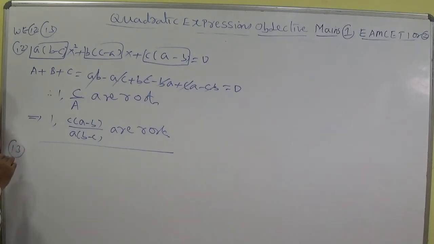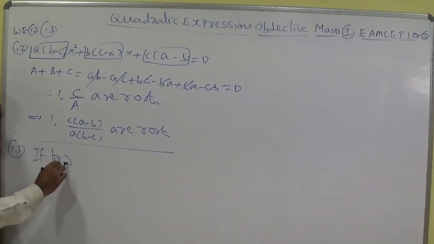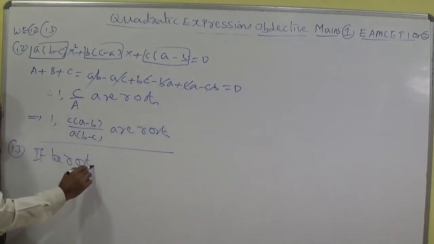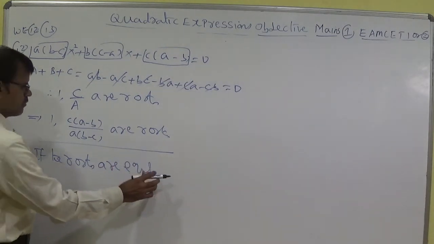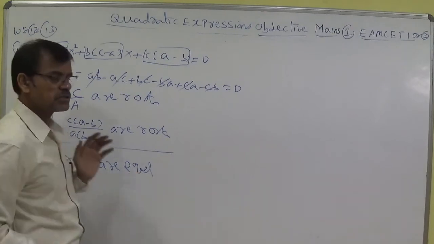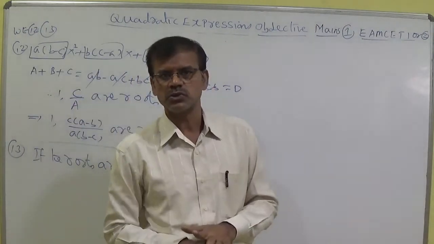Now I am going to discuss worked example 13. It's the same concept. If the roots are equal, whenever roots are equal, we can use the concept delta equal to 0 also.